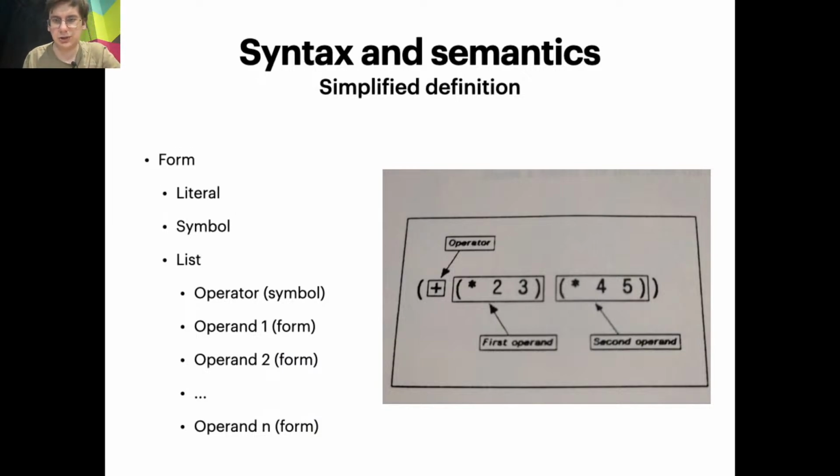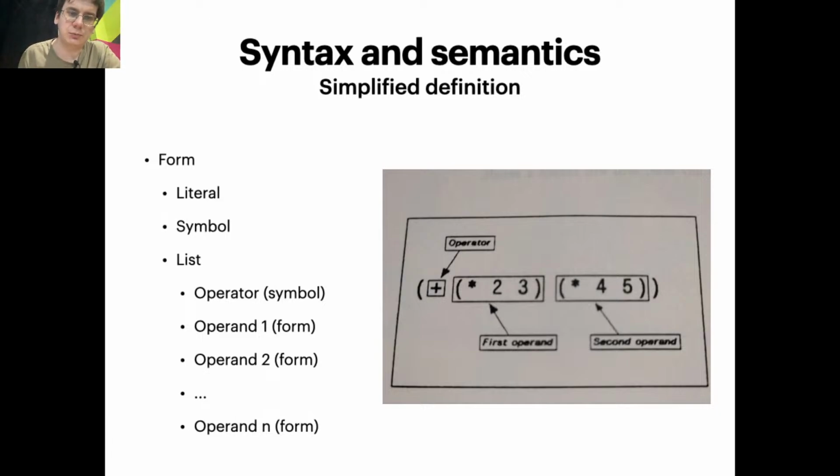The syntax and semantics are interconnected in the sense that we have this form, which is basically everything in the language, and it consists of literals, symbols, and lists. A form can either be a literal, a symbol, or a list.